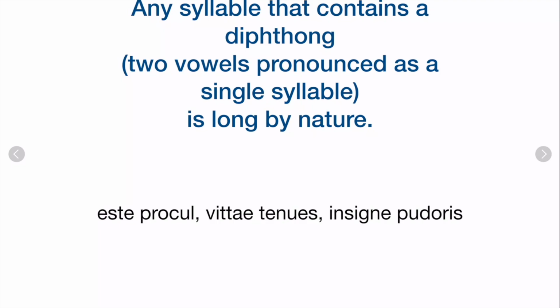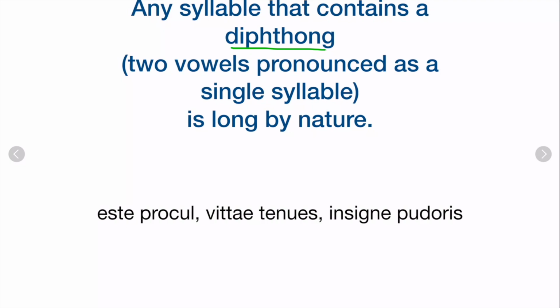Okay, so any syllable that contains a vowel that is long by nature is a long syllable. Also, any syllable that contains a diphthong, which is 2 vowels pronounced as a single syllable, is long by nature.